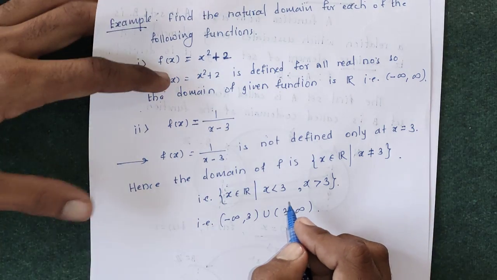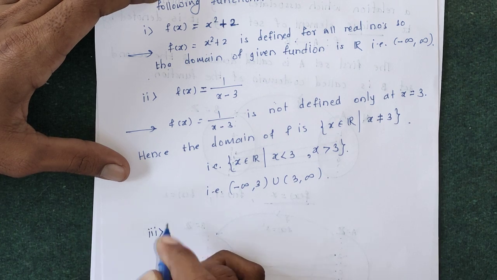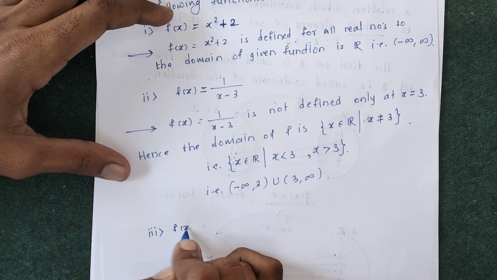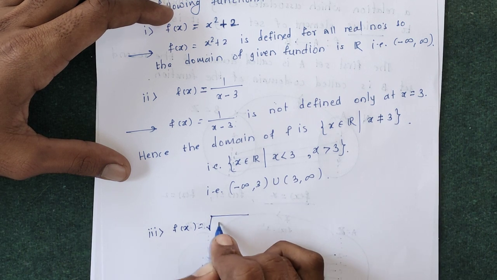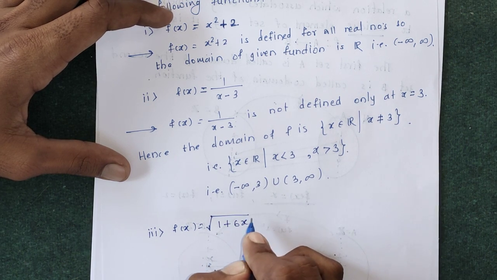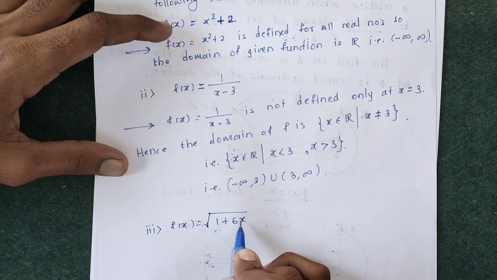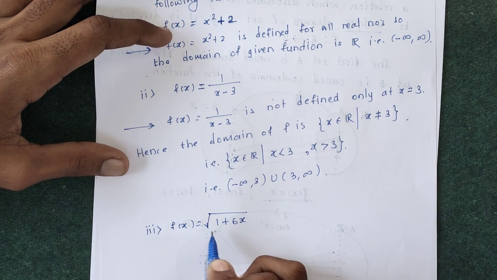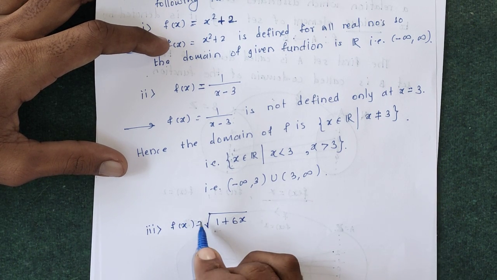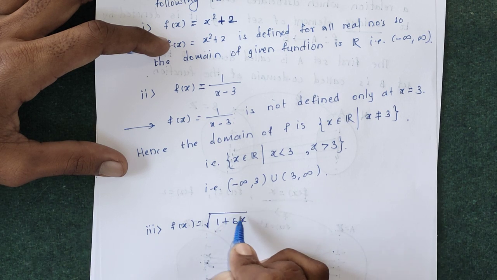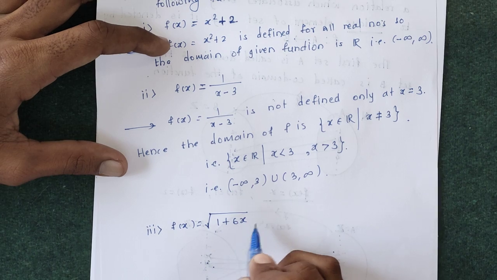Now we will check the next function. The third function is, suppose f of x is equal to square root of 1 plus 6x. We know that if 1 plus 6x is a negative number, then the square root of a negative number is not possible in real numbers.